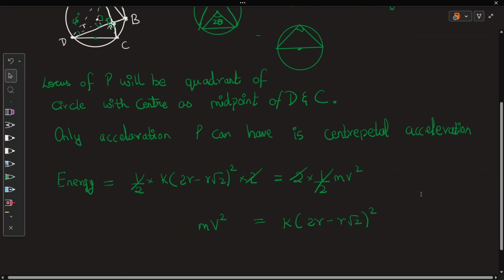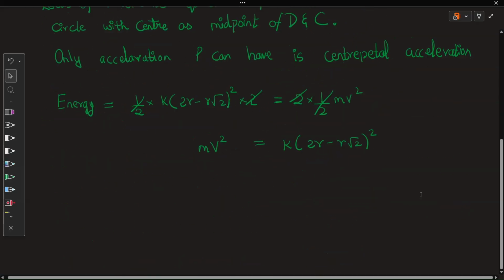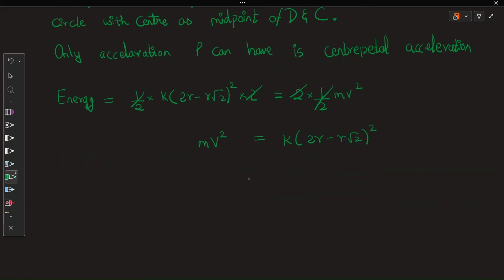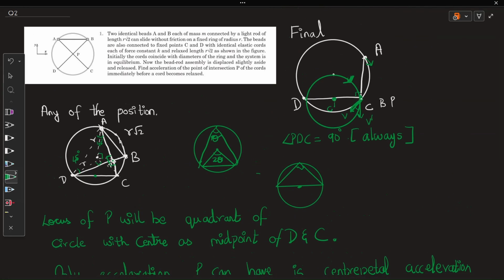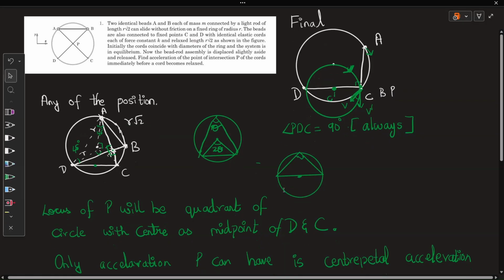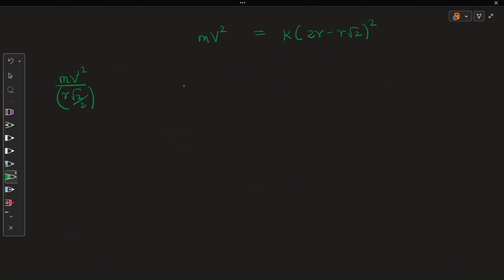So what I get is we have to find v cos 45, that is v by root 2. So we want m v dash square by r root 2 by 2, which is r by root 2, the distance from point C dash to point P.